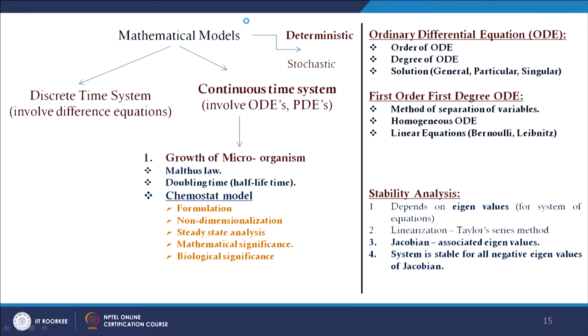Then we discussed the stability analysis depending on the eigenvalue problems for the system of equations. For the linearization we used the Taylor series method, and stability is checked using the Jacobian matrix method, and finally we tested how the system is stable for all negative eigenvalues of the Jacobian. Thank you for listening to this lecture.